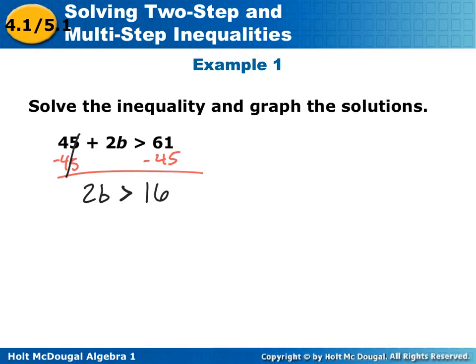Some things that I want to talk about before we get too far into this. Notice I said 2b is greater than 16. When it faces the first one, you always say greater than. When it faces the second one, you always say less than. Okay?